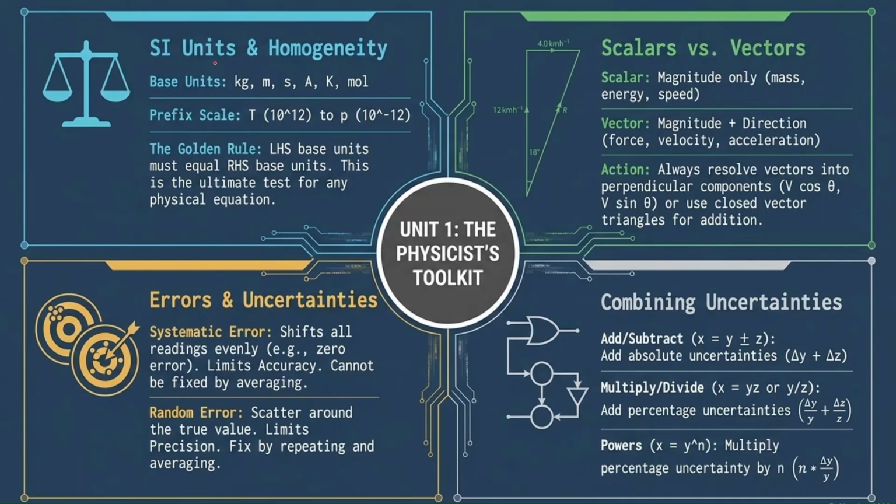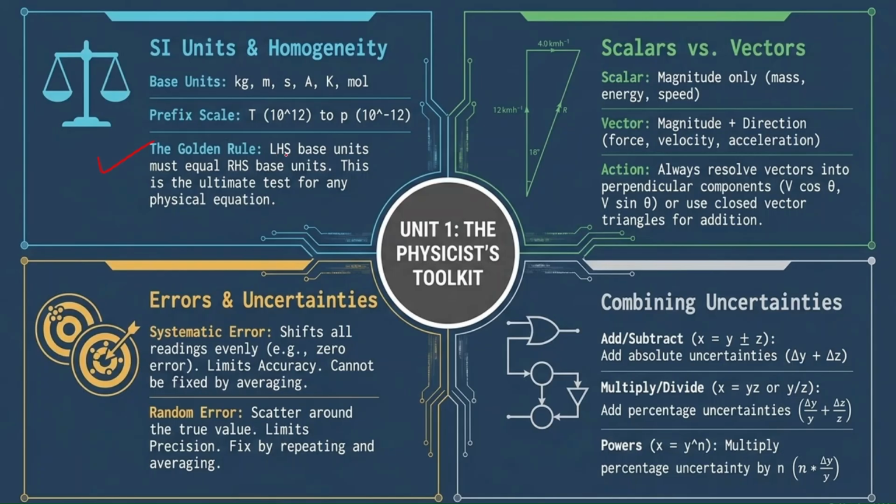So, in SI units and homogeneity, we discussed the base units. There are seven base units. Five are in AS level, and the remaining two are in A level. And then we talked about Tera to Pico. There are many prefixes you have to remember and use while you solve problems.